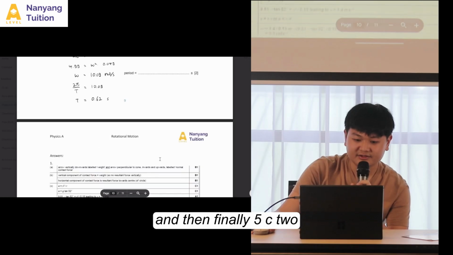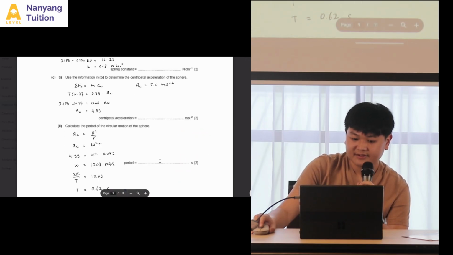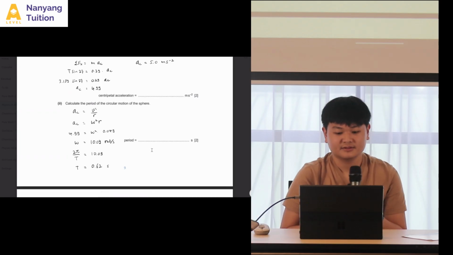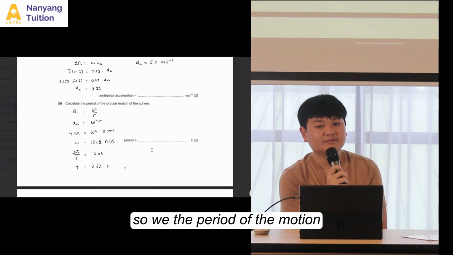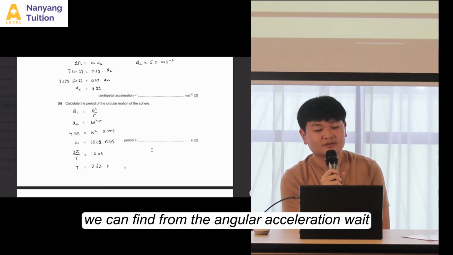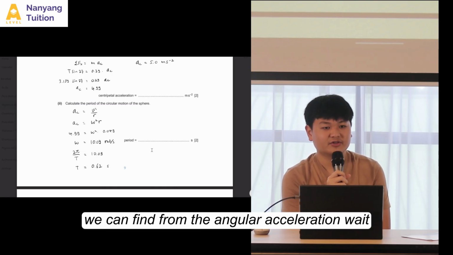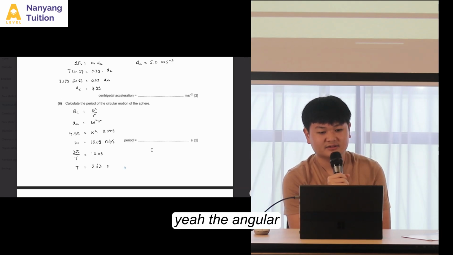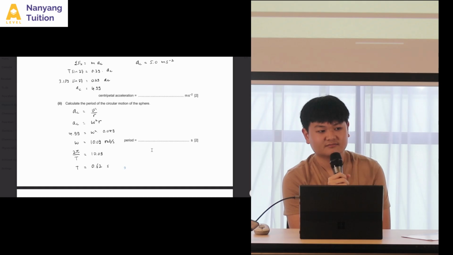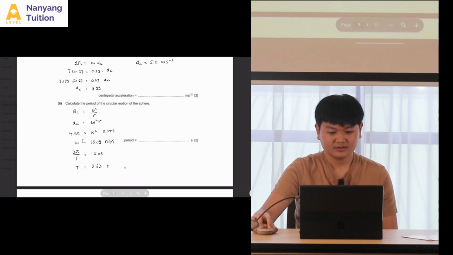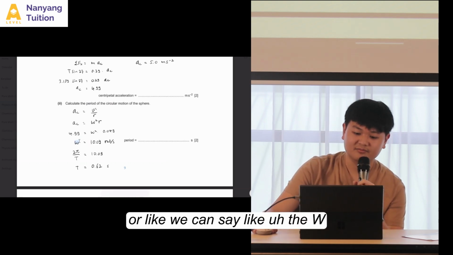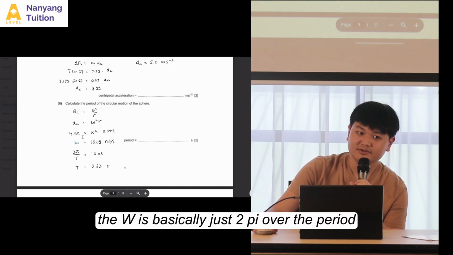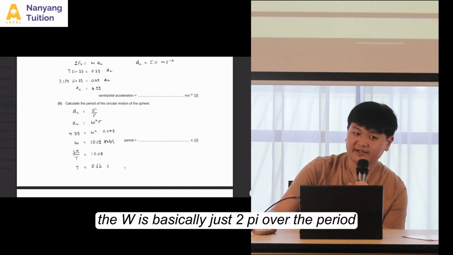And then finally 5C2, calculate the period of the motion. So the period of the motion we can find from the angular velocity, or we can say the W. The W is basically just 2 pi over the period.